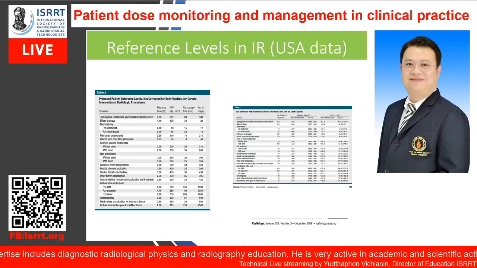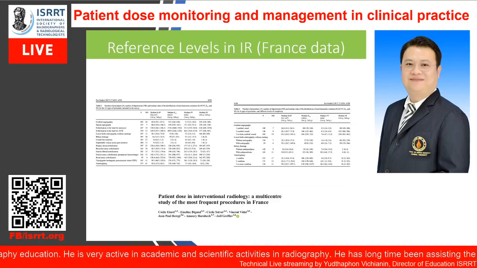The good thing is, if you have this example when you monitor, because there are a lot of procedures that you do in IR, you can just duplicate this, as they are pretty much the same. This is the US data, and this is the French data. They categorize cerebral angiogram, just the imaging, spinal angiogram, and then they have treatment protocols also.